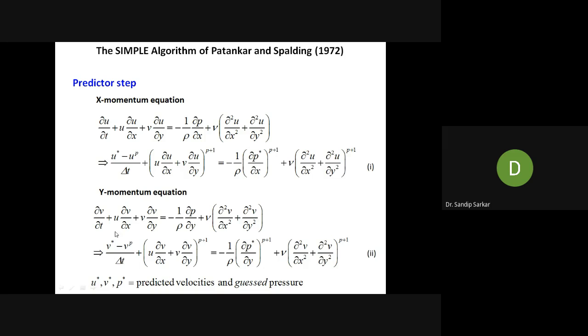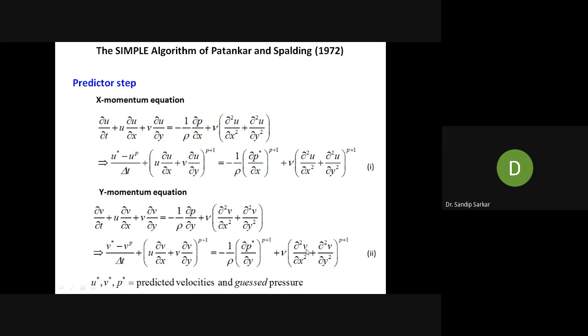In general, in computational technique, the pressure field may be taken as 0 value for the initial guess, for faster convergence. So with the guess value of pressure field, you just predict the velocity from these equations.